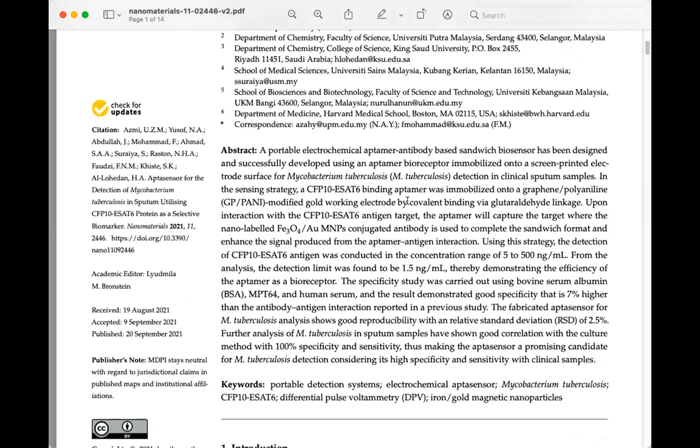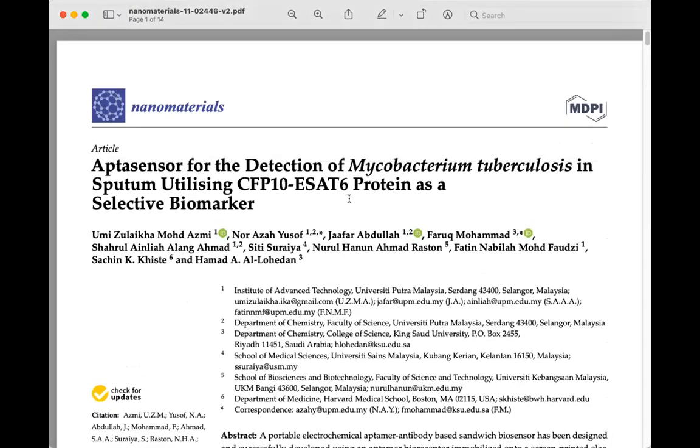You can see our title. Because we wish to highlight the aptamer, it actually took us some time to come up with a title. When we submitted the report to a journal, it was rejected, so we reviewed it and changed the title.